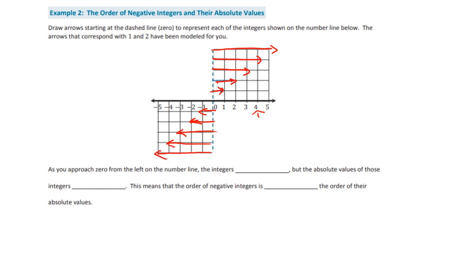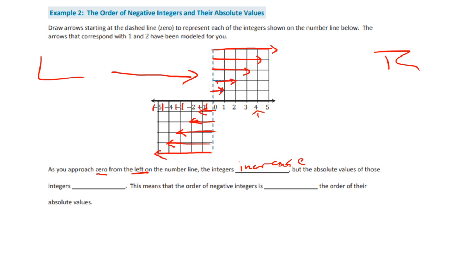And as we look at this, it says as you approach 0 from the left, so starting from the left and going towards 0, the integers, that's the numbers themselves, negative 5, negative 4, negative 3, negative 2, negative 1, increase or get bigger, right? Again, a smaller negative means that you have more. But the absolute values of these, the absolute value of -5 would be 5, absolute value of -3 would be 3, absolute value of -1 would be 1.